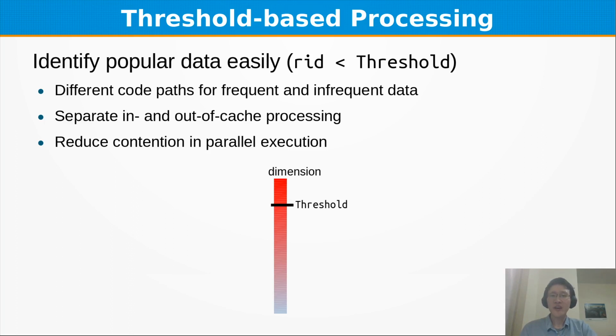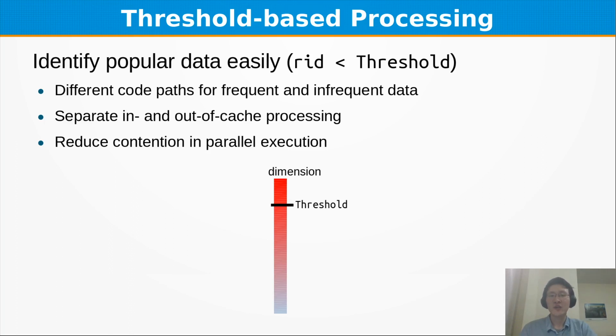An important way of using permutation indexes is to use the transformed identifier as an estimation of the value frequency in the table. For example, we know that identifiers smaller than a particular threshold are the most frequent.